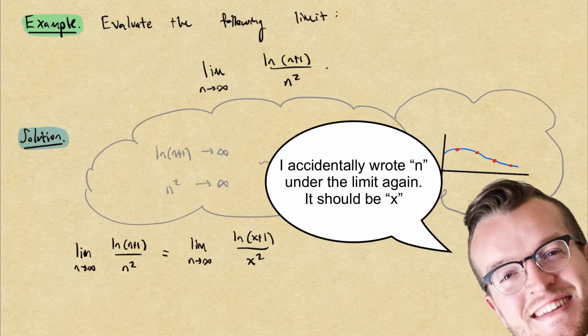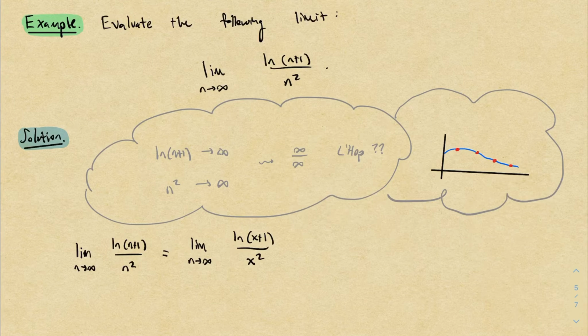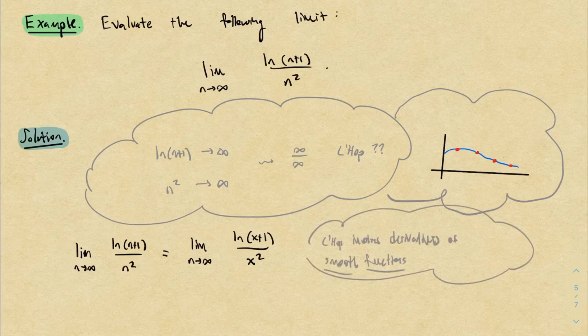Again, it seems like I probably didn't do anything. I just changed the letter that I'm using as my variable, but to me there's an implicit underlying meaning saying I can extend my sequence to a smooth function to take derivatives and use L'Hopital's rule.